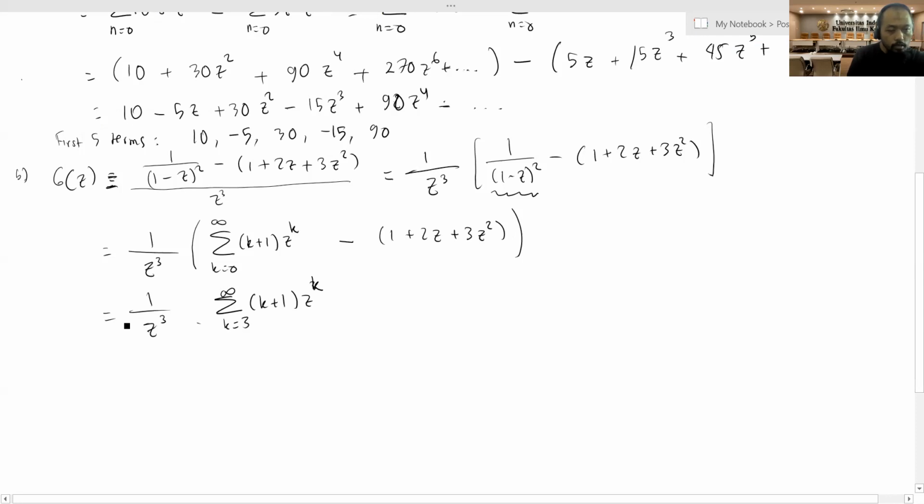Now what's left is to simply push the 1 over z cubed on the left outside into inside the summation.